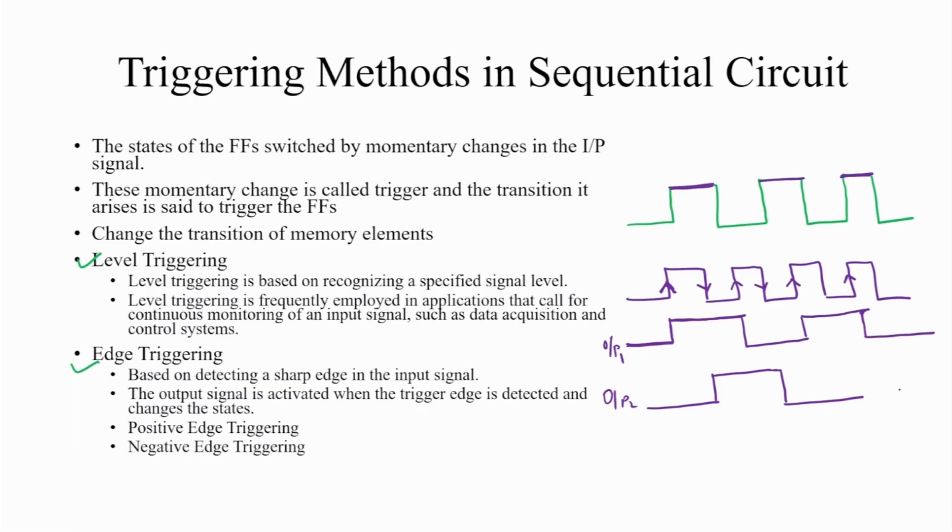So this process is called edge triggering, meaning the output signal is activated when the trigger edge is detected and the state changes. There are two types of edge triggering, positive edge triggering and negative. When the circuit functions on a leading edge, when the edge goes from 0 to 1, that is known as positive, and the other is known as negative.